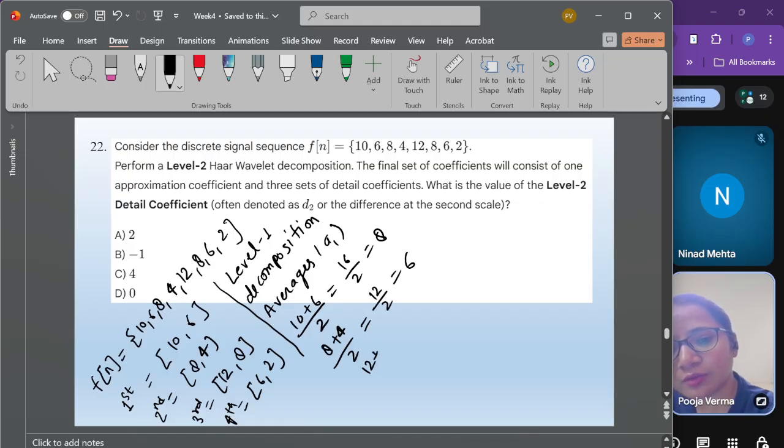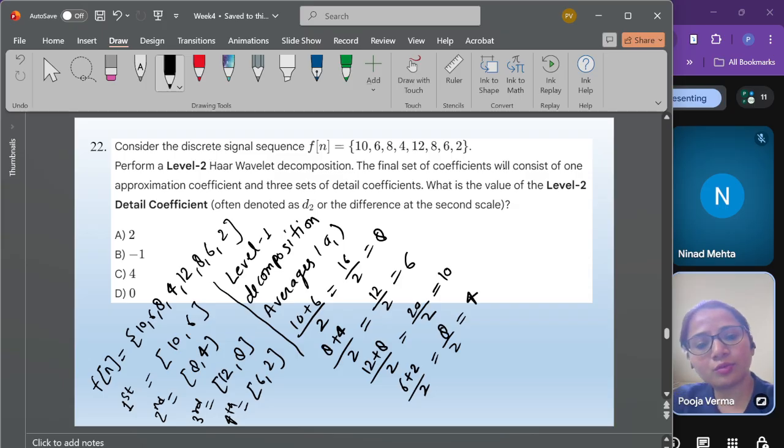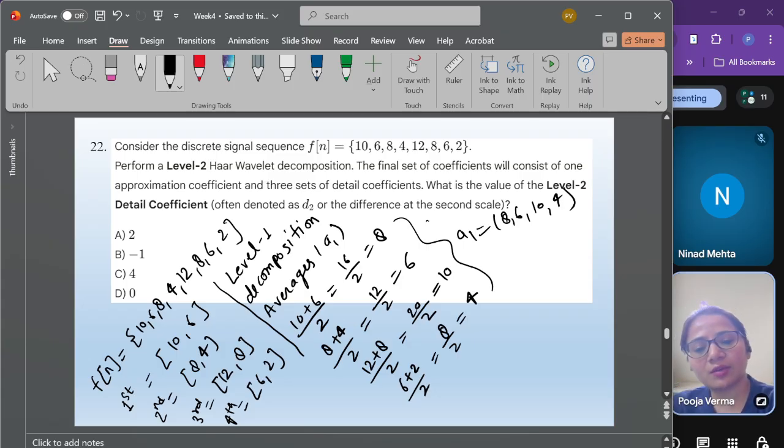Then 12 plus 8 divided by 2 is 20 by 2, equal to 10, and 6 plus 2 divided by 2 is 8 by 2, that is 4. So A1 is 8, 6, 10, 4. This is the first level of decomposition.